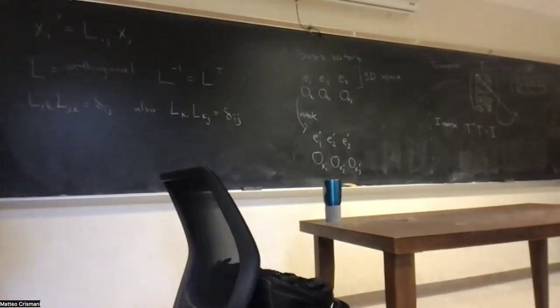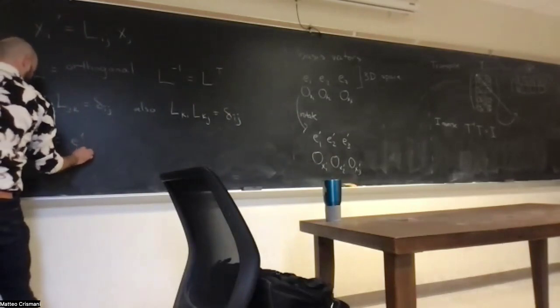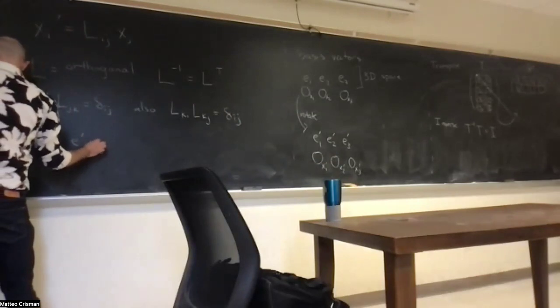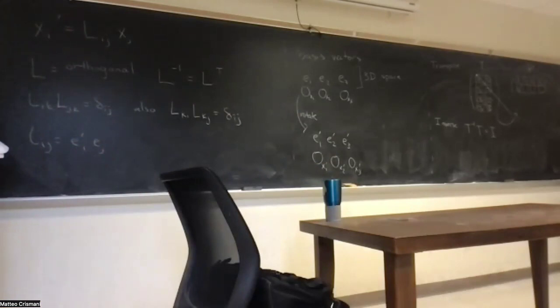So here's the last one, right? We're basically going to say that L ij is given by the product of these two vectors. That's going to be the product of the basis vectors.